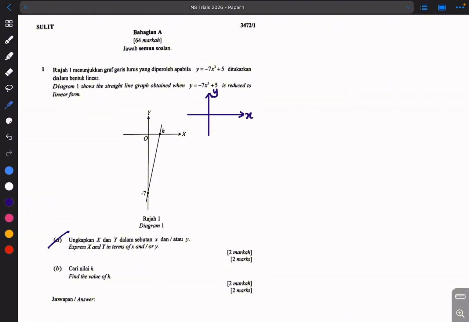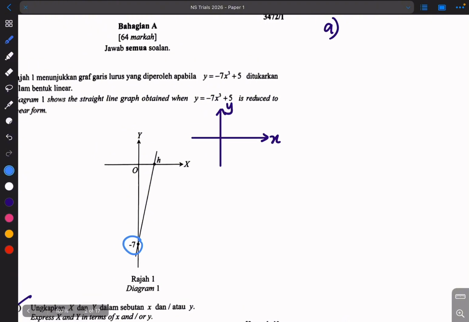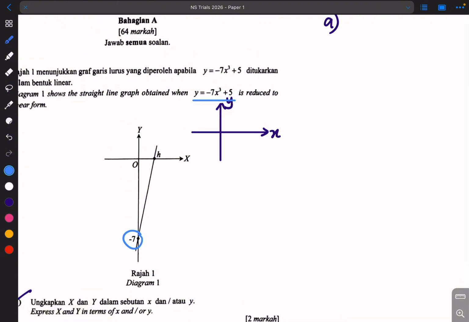So they want us to find what we need to change into the x and y axis to get it into a straight line graph. The clue is actually here, the y-intercept. Y-intercept is negative 7. So here, we need to make the negative 7 stand alone.